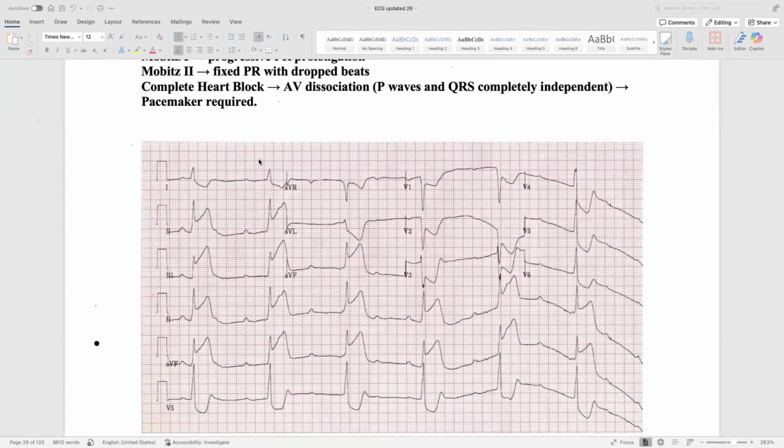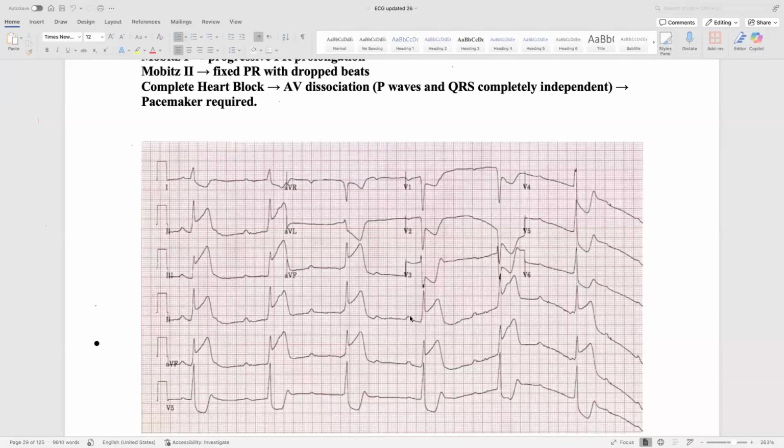So there is an inferior MI. This is lead 2. There is a P wave, a prolonged P, then the PR interval. Next to it, a P wave with no beat or a very abnormally prolonged one.